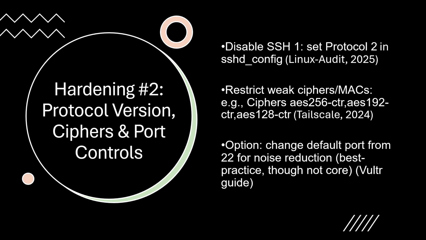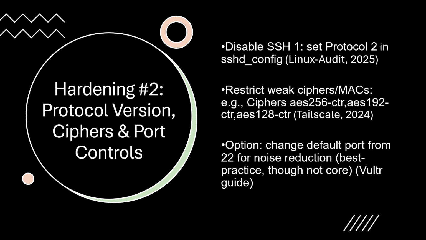The second hardening layer is encryption. SSH protocol 1 is deprecated because it lacks proper message authentication. Set protocol 2 only. Restrict cipher and MAC algorithms to CTR and SHA-2 families.